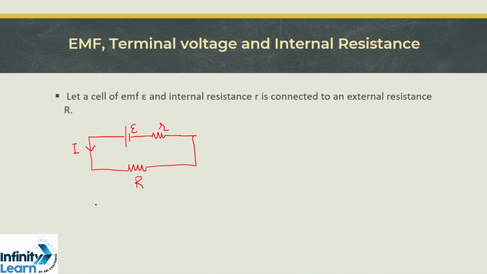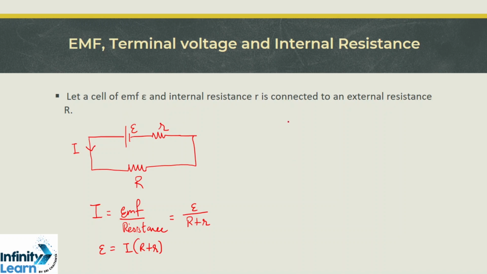Let us denote it by I. We know the current will be nothing but EMF divided by the total resistance. Now the total resistance is capital R plus small r. Therefore we have EMF of cell given as I into (R plus r).